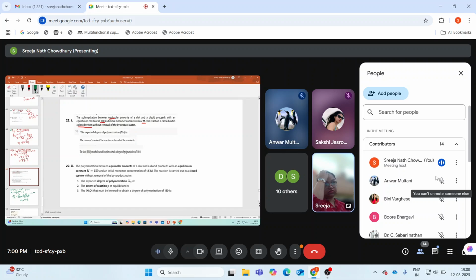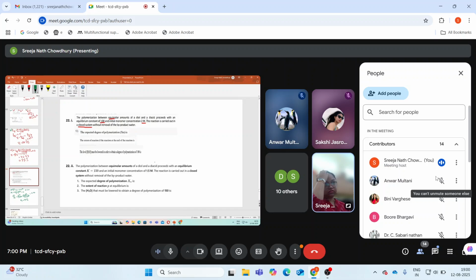So in problem 23, a bulk free radical polymerization is carried out at 60 degrees centigrade using benzoyl peroxide as a thermal initiator. The rate constants are this, and the initiator efficiency is this, and the initial initiator concentration is this, and the initial monomer concentration is this. So calculate Ri at t equals to 0.